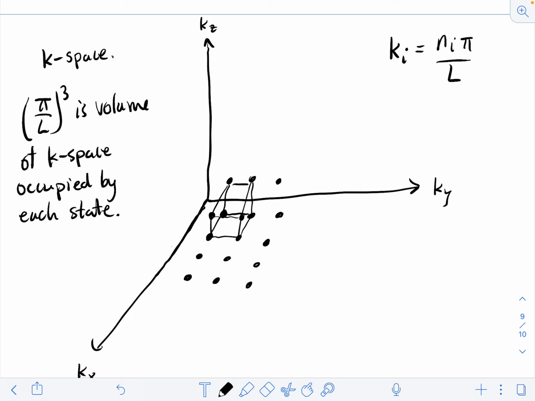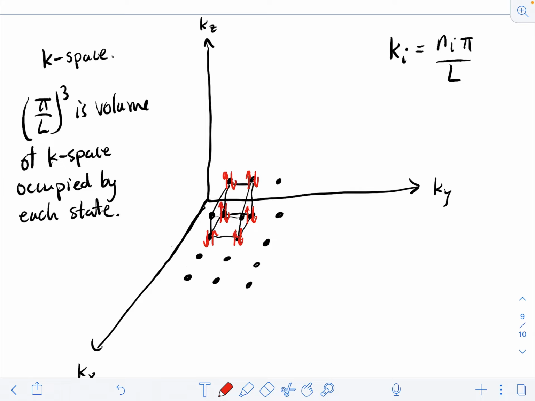If we were to think about filling up these energy levels one by one with particles, we'd put first a spin up and a spin down in the state where nx, ny and nz are all equal to 1. Then we would take the next highest energy level, and the next, and put 2 particles in all of these states.